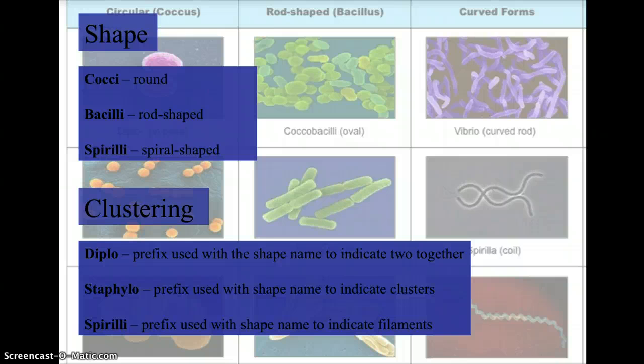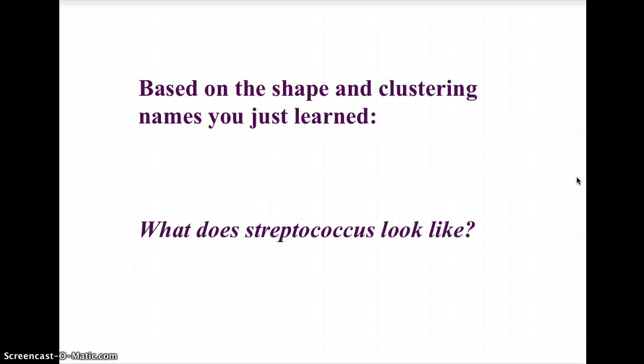Staphylo have a cluster of bacteria, and strepto, that does say strepto in your notes, indicates filaments, so bacteria that are back to back, like in this image. So based on the shape and clustering names that you just learned, what does Streptococcus look like? So pause for a minute and draw that in the empty box on your notes sheet.